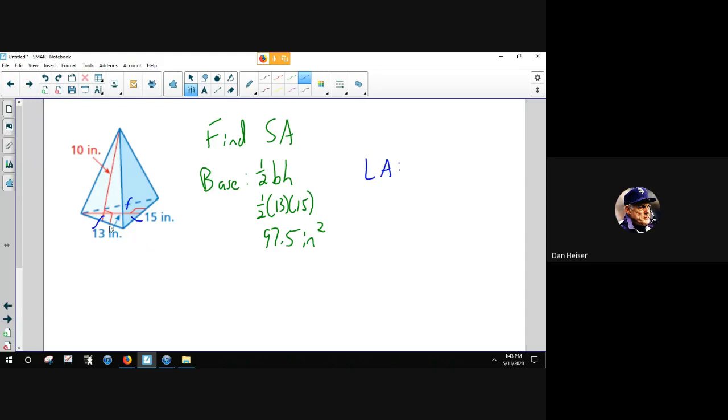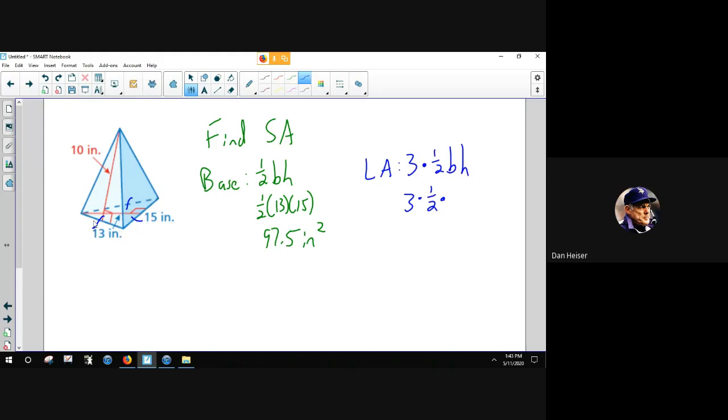Since we know now that all three of these triangles are the same, we can find the area. 3 triangles, each triangle is half base height. The base of each triangle is the length of each of these.